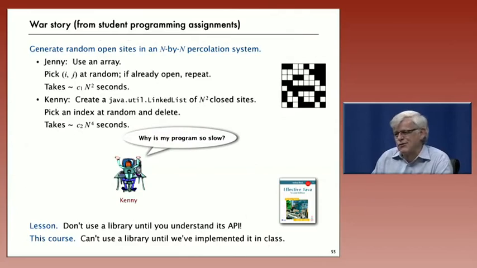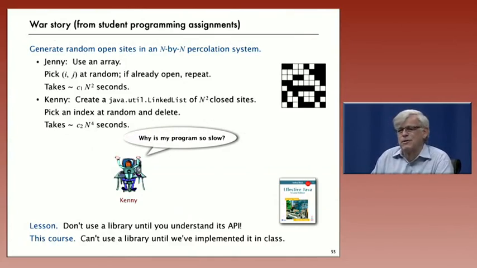Poor Kenny, when trying to run his program for the huge instance that we asked, found that it wasn't finishing. And the reason is that the Java linked list implementation takes linear time to find an item with a given index, not constant time like an array.